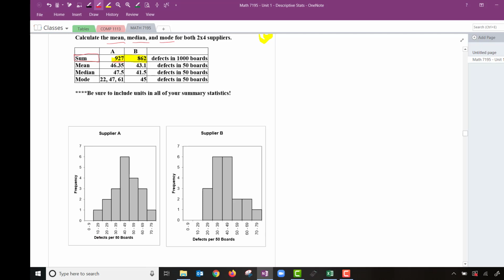I made sure the categories are the same because I'm trying to compare the two groups. You'll notice that I kept my scale on both, 0 to 7, so that I'm not deceiving as I'm trying to compare the two. You'll notice that I put nice units on my x-axis.